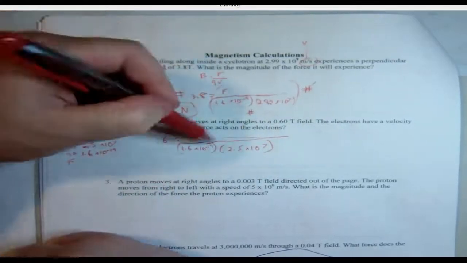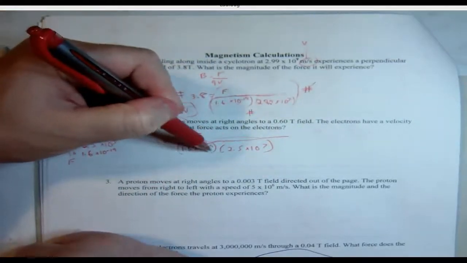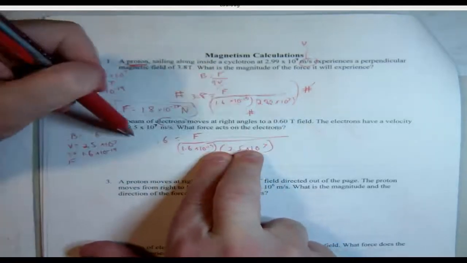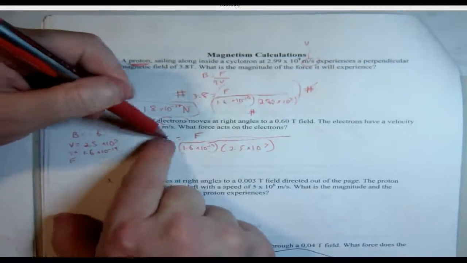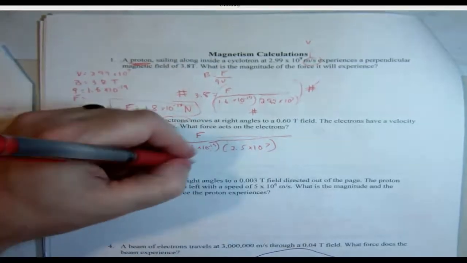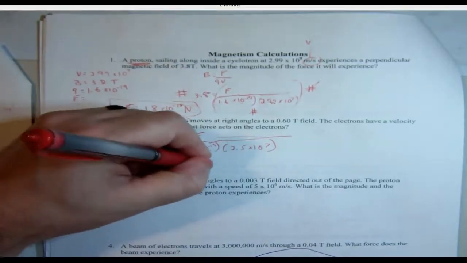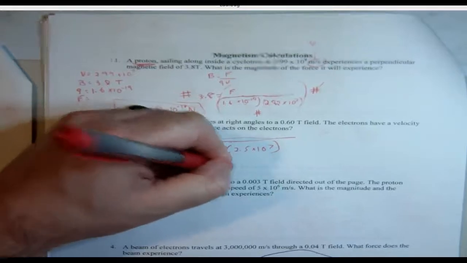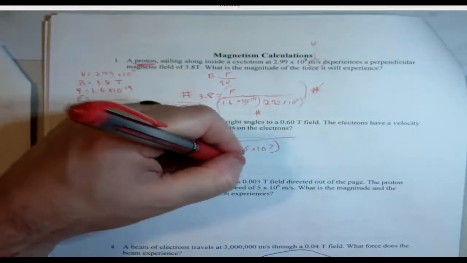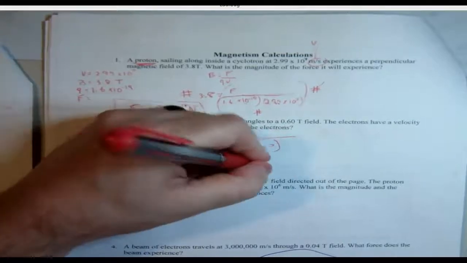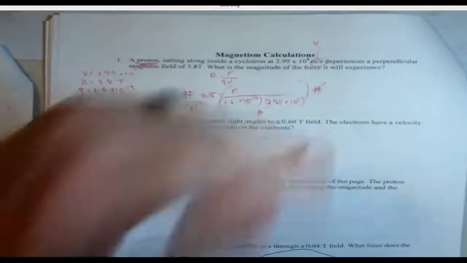Do the same thing: multiply the bottom together, then multiply the whole right side by whatever you got on the bottom to move it over, and then multiply that by your B. This times whatever you got equals your force. You should get 2.4 times 10 to the minus 12. It's a force, so what are our units? We always have to have units. Newtons.